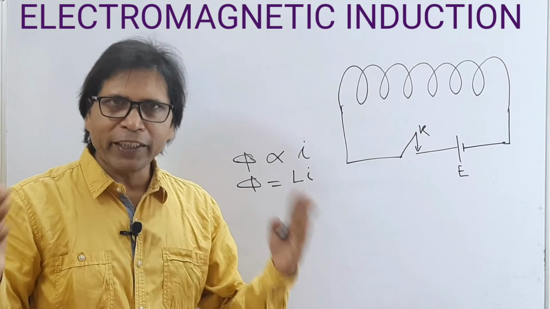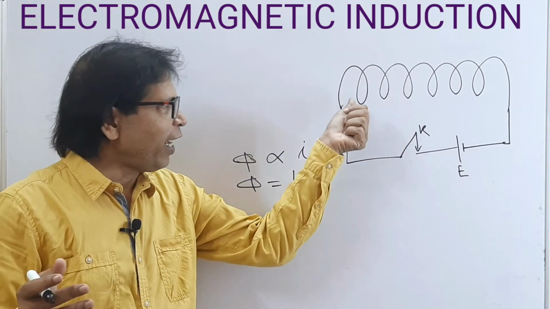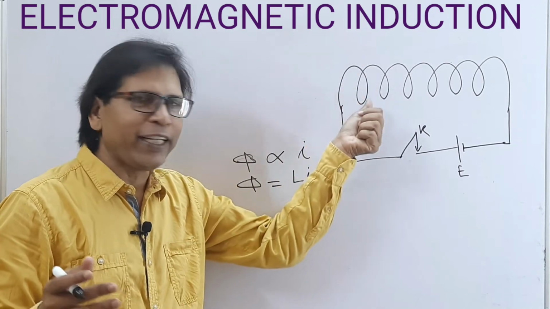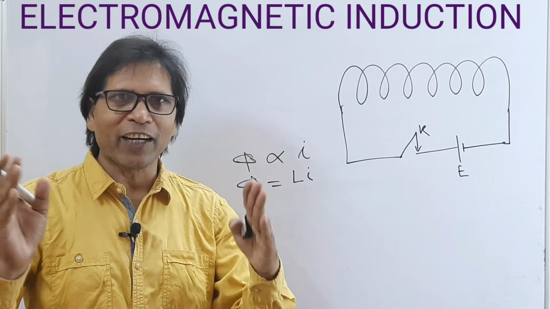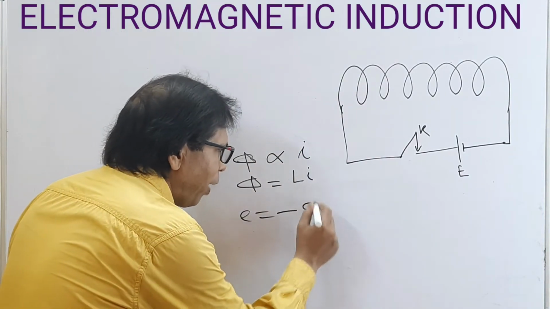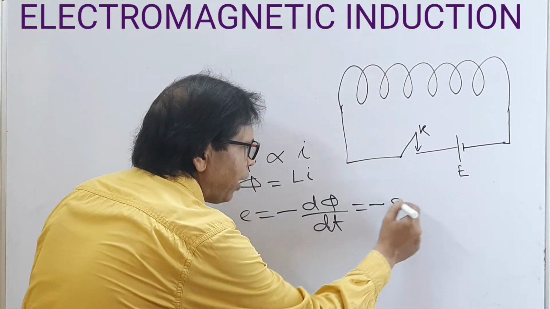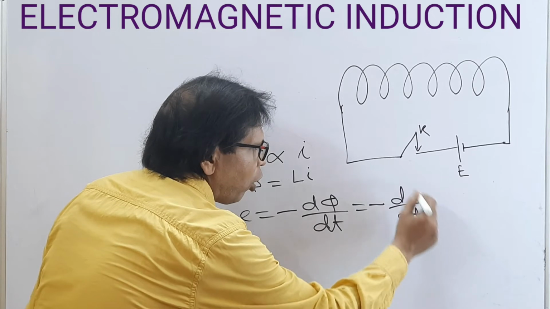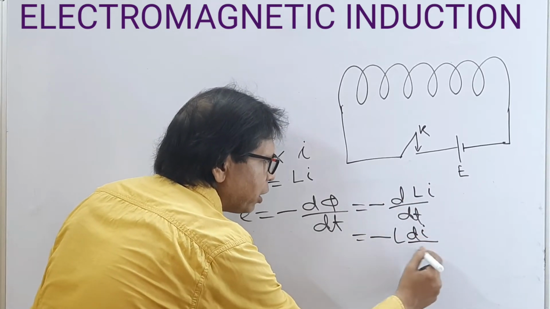L depends on the number of turns in the coil, area of cross section of each turn and nature of material inside the coil. Now induced EMF E equal to minus d phi by dt. So this is minus d by dt of LI, therefore minus L di by dt.